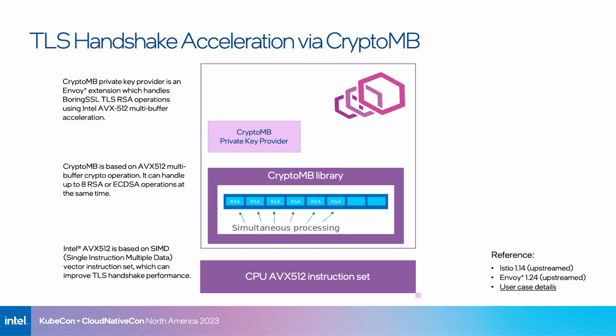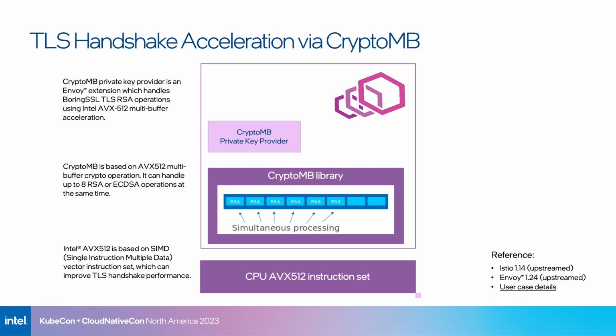Yes, definitely. Another option for TLS handshake acceleration is via crypto multi-buffer. Crypto multi-buffer is based on the AVX512 CPU instruction set, which is available starting from the 3rd Gen Intel Xeon processor, and does not require any special hardware enabling.